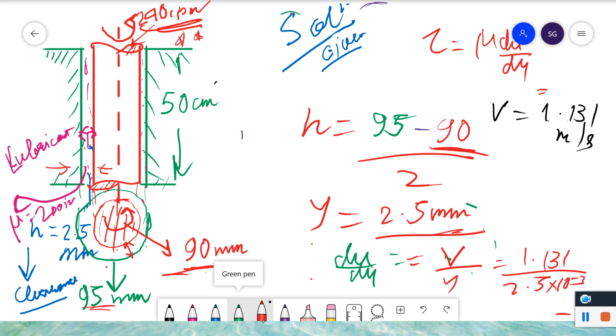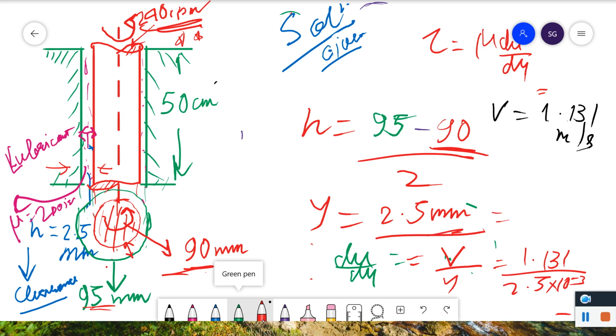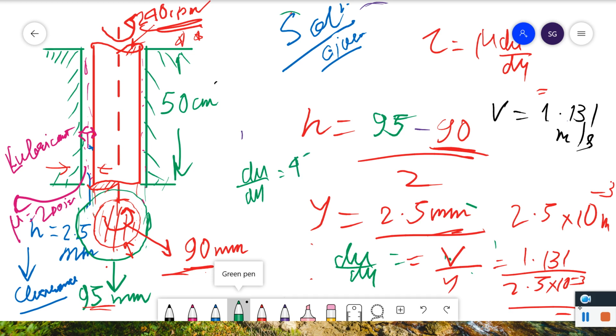Remember it's in meters, so I have mm, so I have converted into meter, that is 2.5 into 10 to the power minus 3 meter. That's why I put this in the formula, and we get du by dy is equal to 452.4 second inverse. It's just a unit of velocity gradient, nothing else.